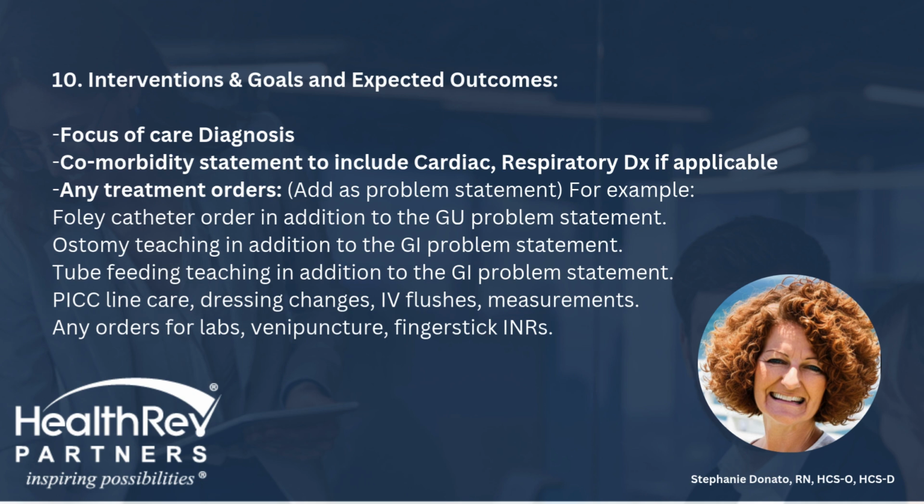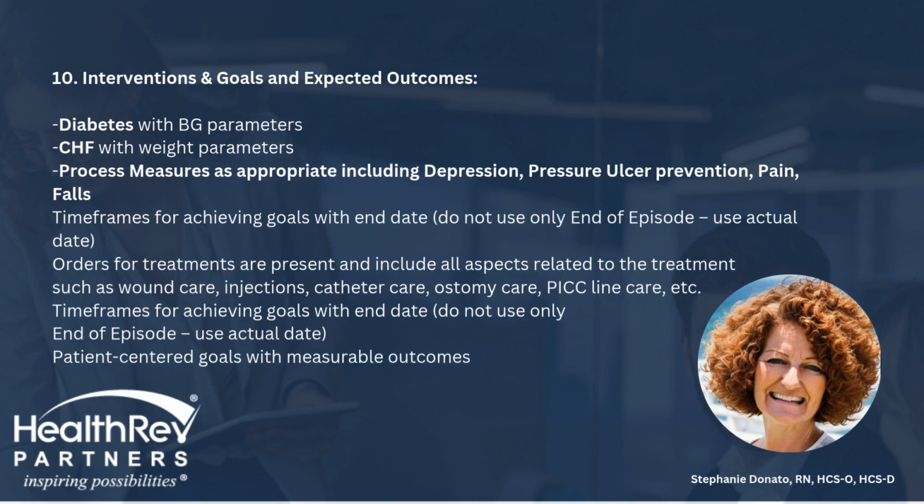And be sure to include the process measures as appropriate, including depression, pressure ulcer prevention, pain, and falls. And remember, all interventions must have a patient-centered goal with a measurable outcome. Be sure and use an actual date within the certification period and do not use EOE or end of episode.